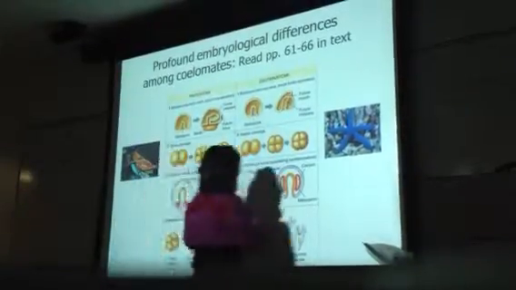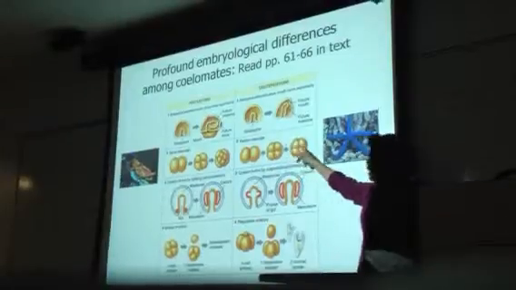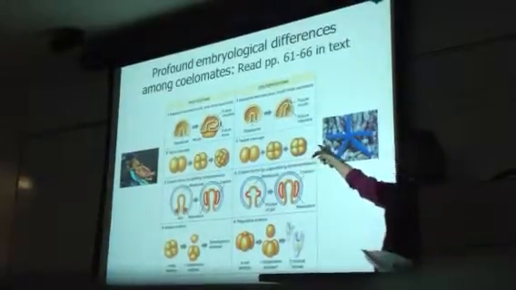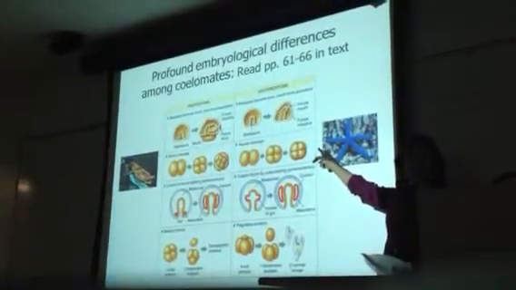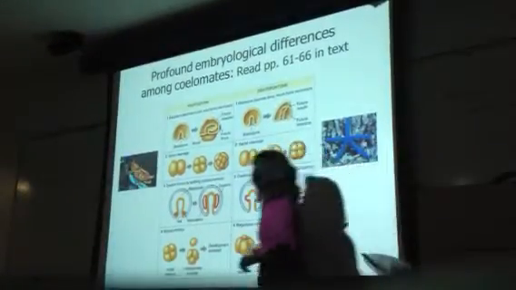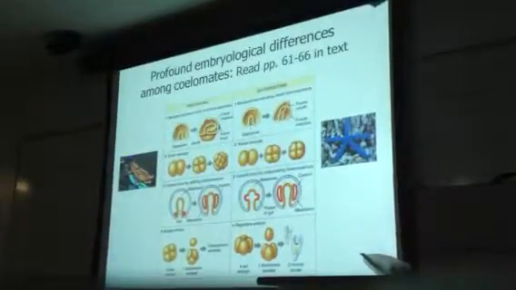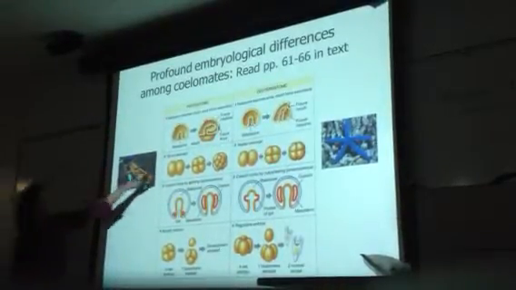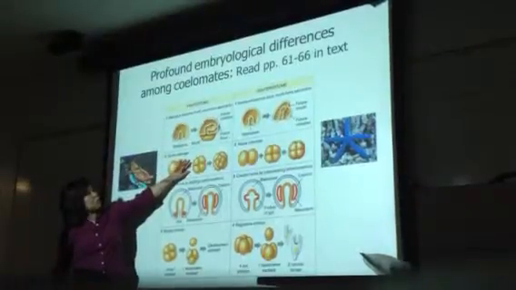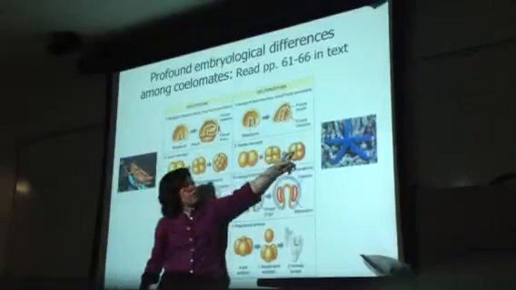So somewhere between the 4-cell stage and the 8-cell stage, something differs, doesn't it? In terms of how they divide and how these cells cleave. So you can pretty much easily tell that spiral cleavage, this pattern by protostomes, has a different outcome than radial cleavage, as you can see here.